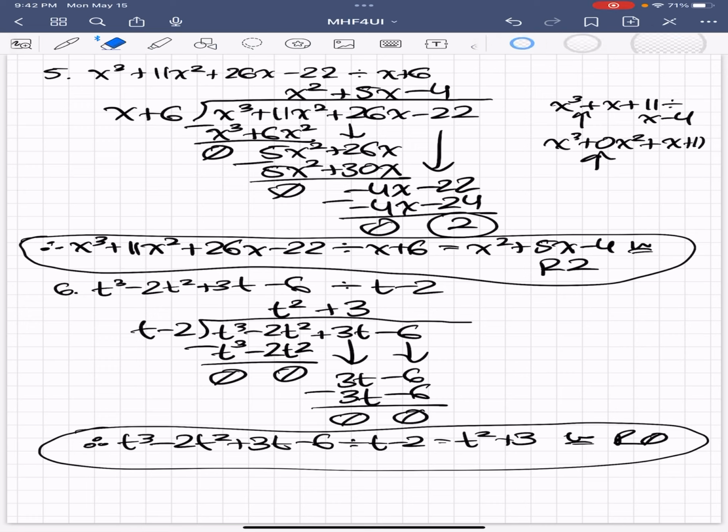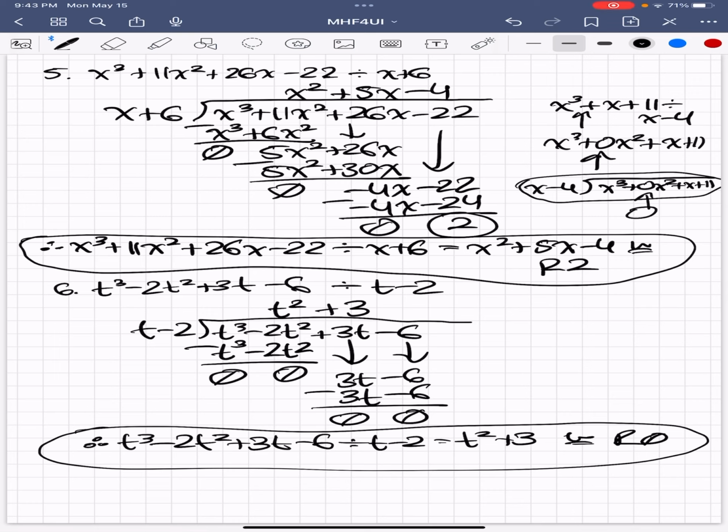So it would look like this. And you would just subtract what you would subtract and you get an answer. Just make sure you don't forget about this.